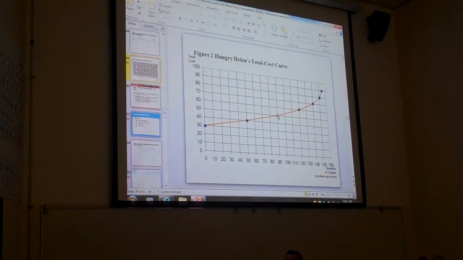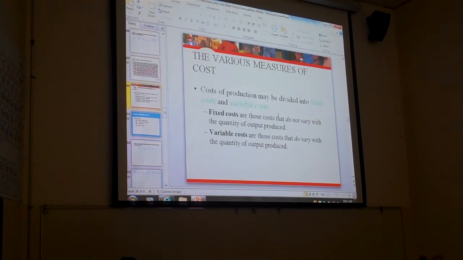So as a result, the total cost curve starts off very flat. We have diminishing marginal product and the total cost curve starts to go up. And it's not because the cost per worker is going up. It's just that each worker is producing less and less and getting paid exactly the same. Make sense? All right.